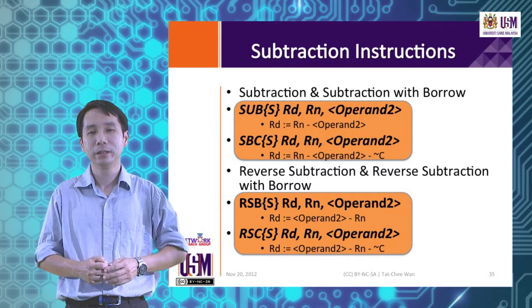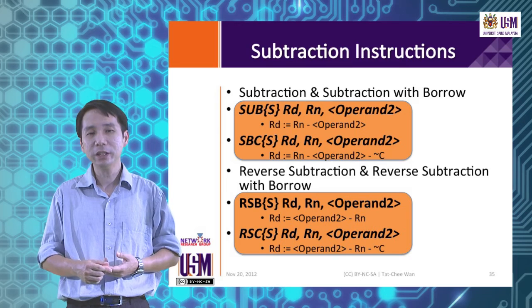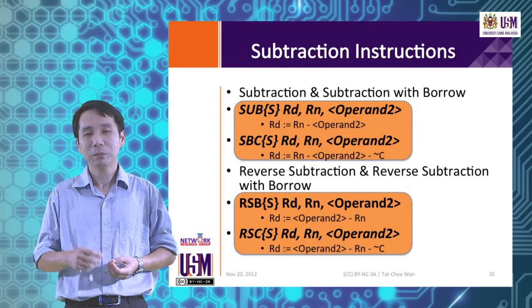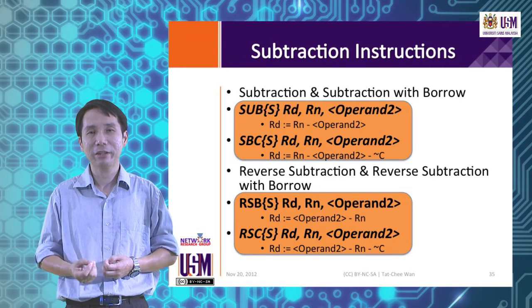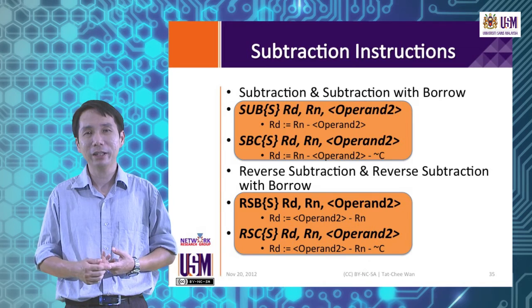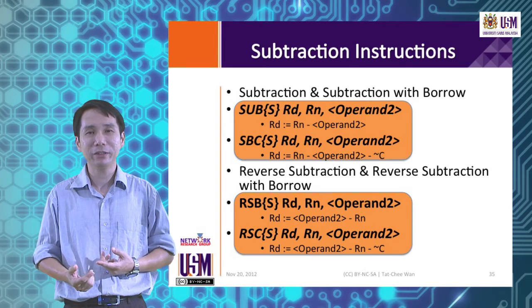Subtraction is similar. There is subtract, SUB, and subtraction with borrow, or SBC. Borrow is actually the same as the carry in terms of the flag that is used. The difference is that the carry occurs when you add two values in the register and the result exceeds the size of the original register.